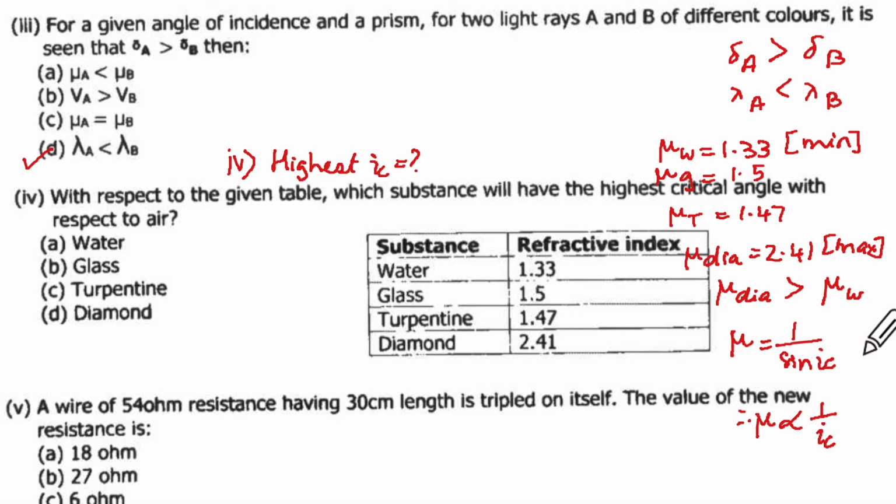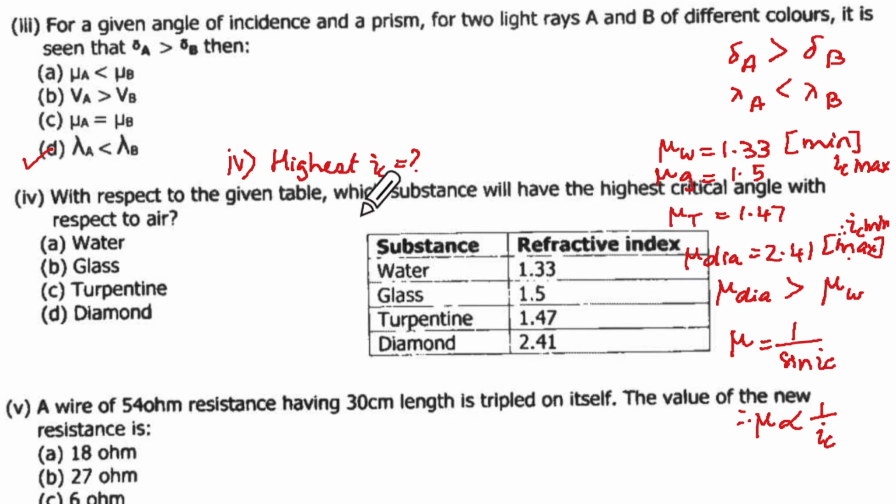As the angle increases, the sine also increases. So mu and critical angle, they are inversely proportional. So mu water has minimum refractive index, so the critical angle will be max. Understood? And mu diamond has got maximum refractive index, therefore critical angle will be minimum.